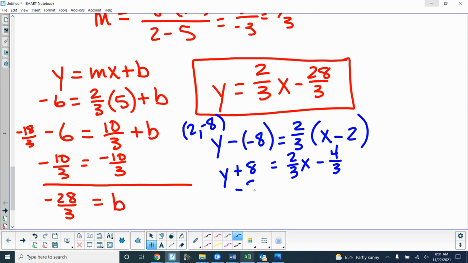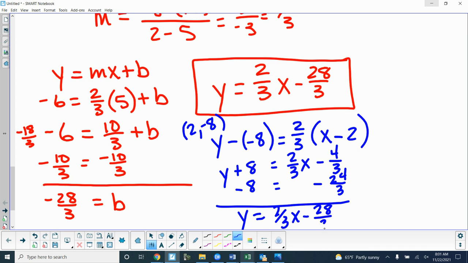When I subtract 8, I'm going to change it to thirds. So 8 times 3 is 24/3. So I get y equals 2/3 x minus, again, -4 and a -24 is a negative 28. We get the same thing.